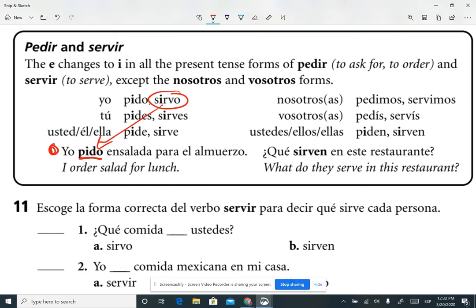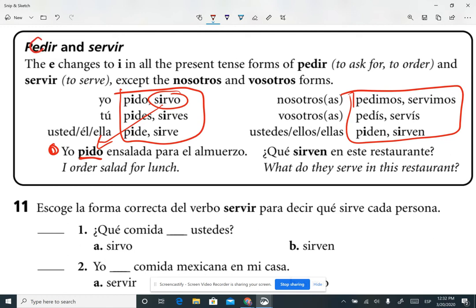So really what you have to do is figure out which of these verbs you're using, in the singular or in the plural, and then you just insert them into your sentence, remembering to change the E right here unless you are in the we form. So that's essentially how that works.